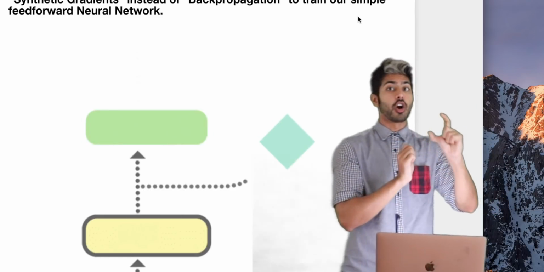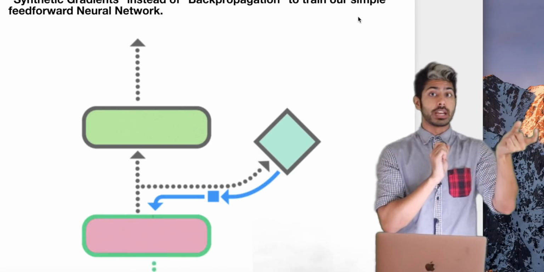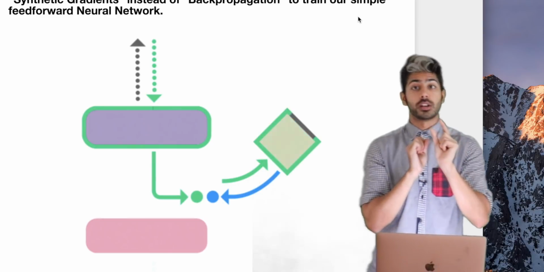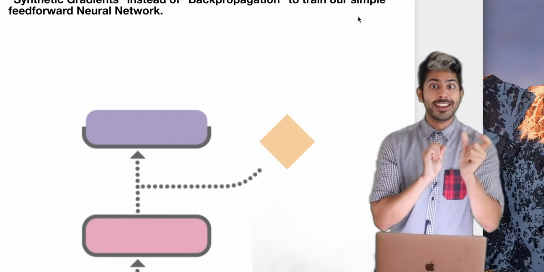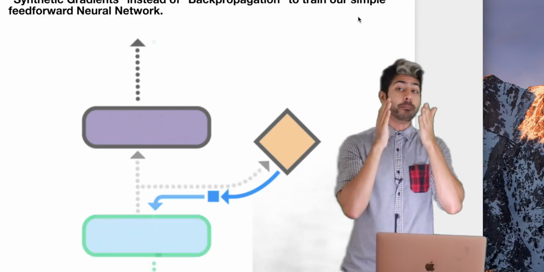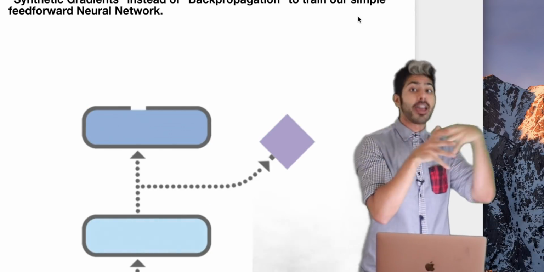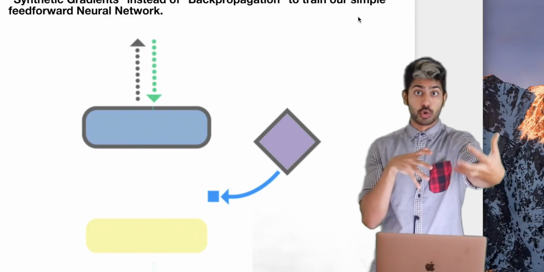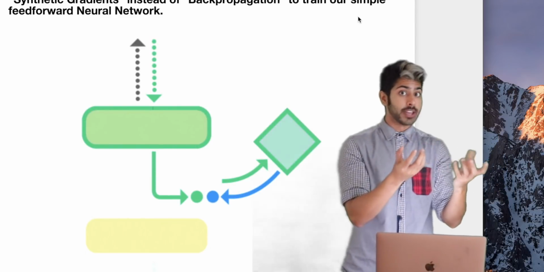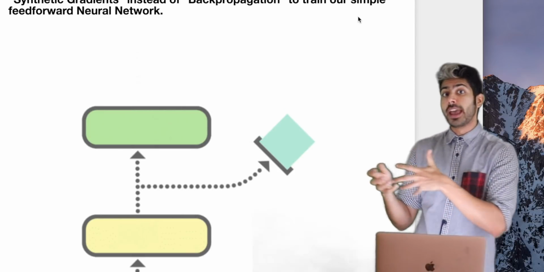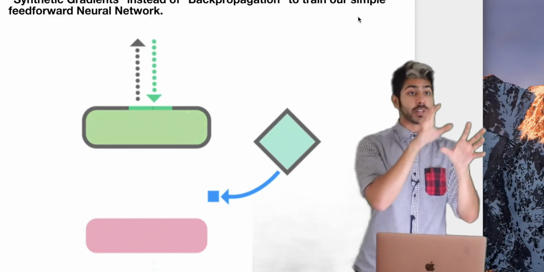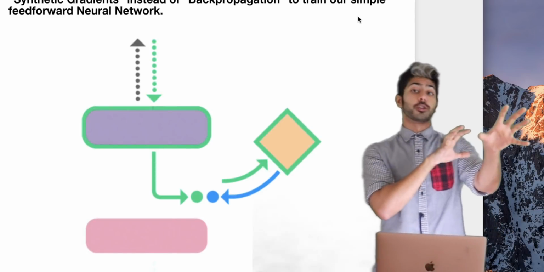These are gradients that are not the real gradient, the true gradient, but instead an approximation of what that gradient would be. So it's a synthetic gradient. And by doing this, we can update each layer without having to wait for all the other layers to update. It's a faster way to optimize neural networks, and it allows us to decouple each layer from having to wait for all the other layers.